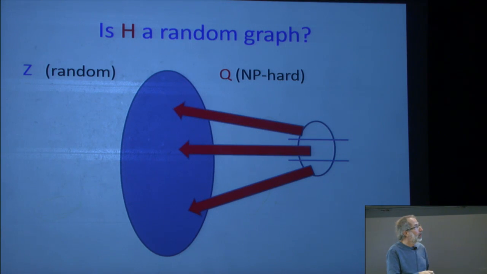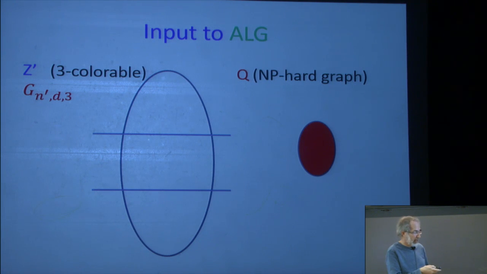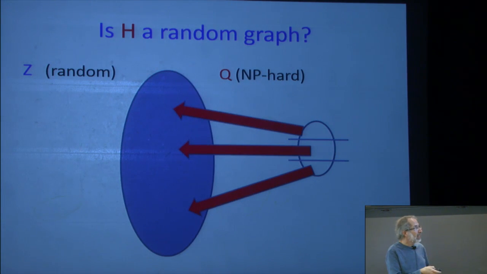So this is how we got this Z prime. Q was three-colorable to begin with, so the adversary did not need to plant anything in it. But he planted the three-coloring in such a way that all neighbors of the red region in Q, because Q is small, all the neighbors are less than 1/3 of the graph, were colored red here, and so these edges dropped, and all the neighbors of the green colored vertices here were colored green here, and so on.